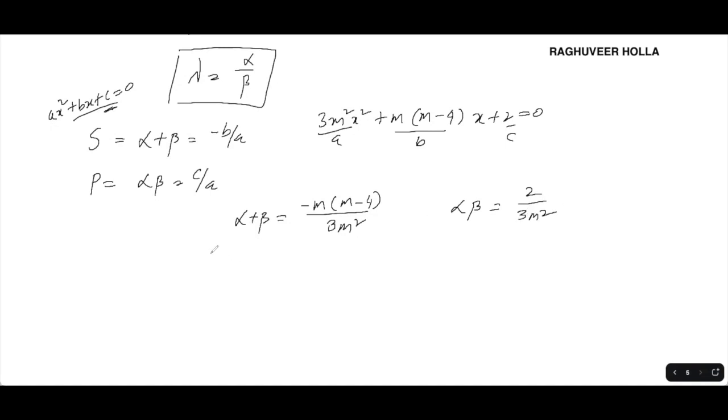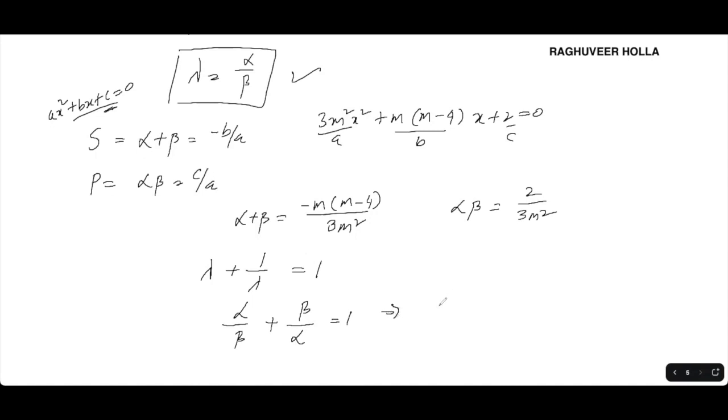We are given that lambda plus 1 by lambda is equal to 1. We already know lambda is the ratio of the roots of the quadratic equation, which is alpha by beta. Let us write down alpha by beta, and the reciprocal of lambda is 1 by lambda, which is beta by alpha, and this is equal to 1.